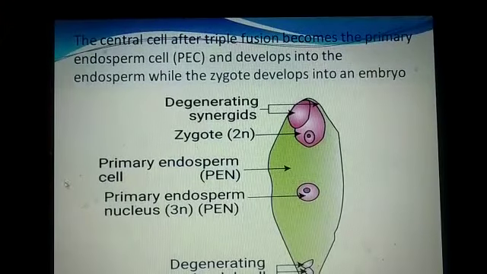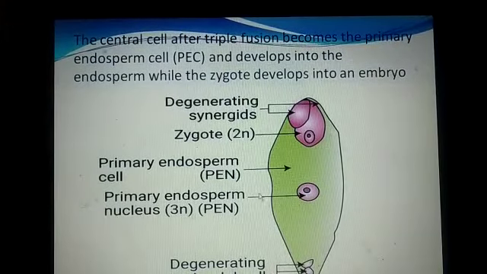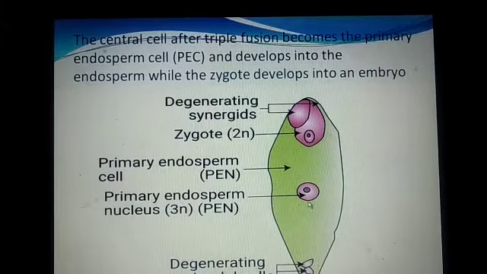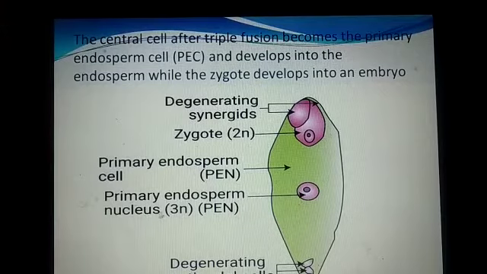Now you see that after triple fusion, the primary endosperm nucleus is formed, because the polar nuclei have two nuclei and one male gamete fused. And what happened? The triploid primary endosperm nucleus is formed, and this is the primary endosperm cell. This primary endosperm cell forms primary endosperm tissue, and it forms the endosperm.